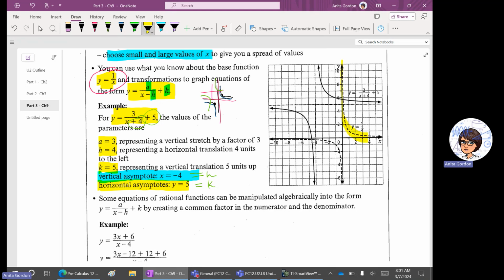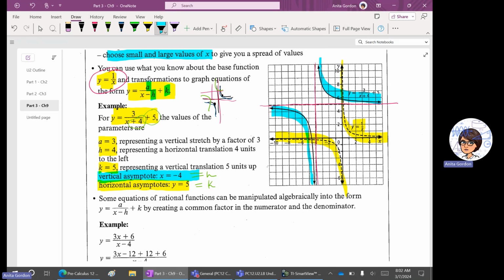This is the base function y equals 1 over x with asymptotes at 0, 0. And then after we shift it, here are my new asymptotes at -4 and +5. And the shape of my graph shifts also. There is a stretch here of 3.